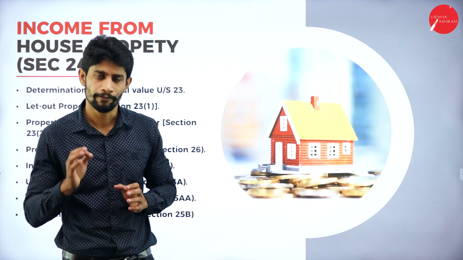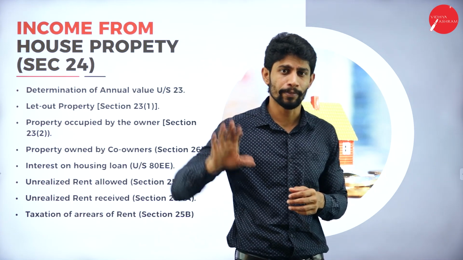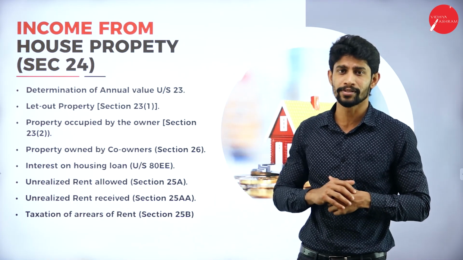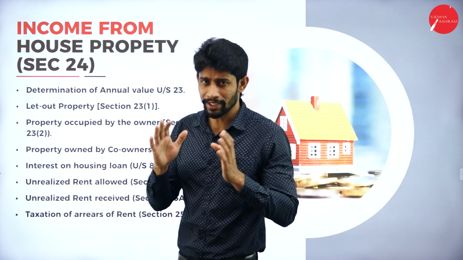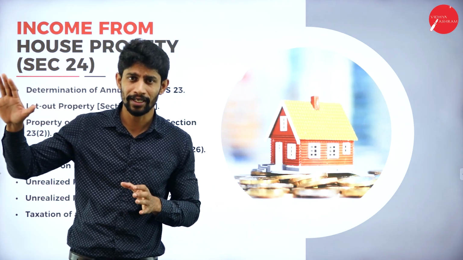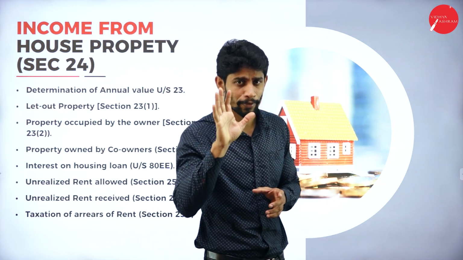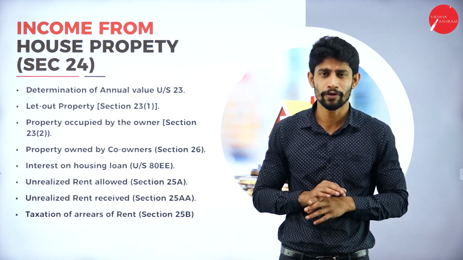From the let out property, you receive 10,000 rupees per month into 12 months, so you will be receiving 1,20,000 rupees from that let out property, right? So that 1,20,000 is profit for you, isn't it? Yes, that 1,20,000 is profit.